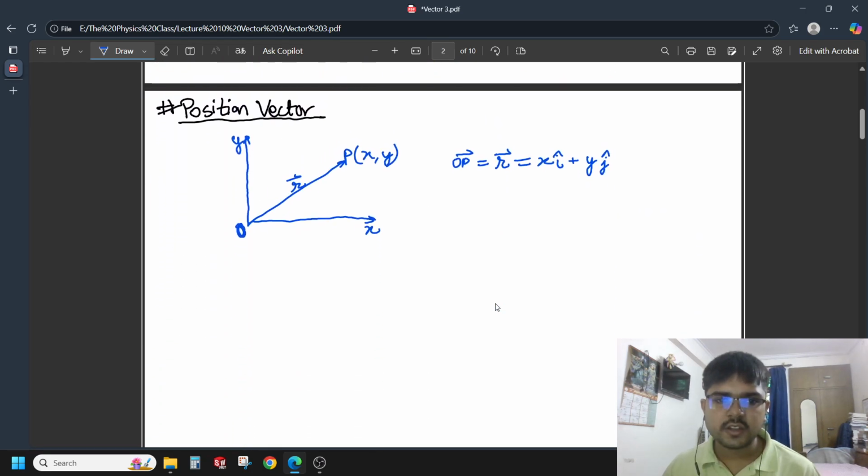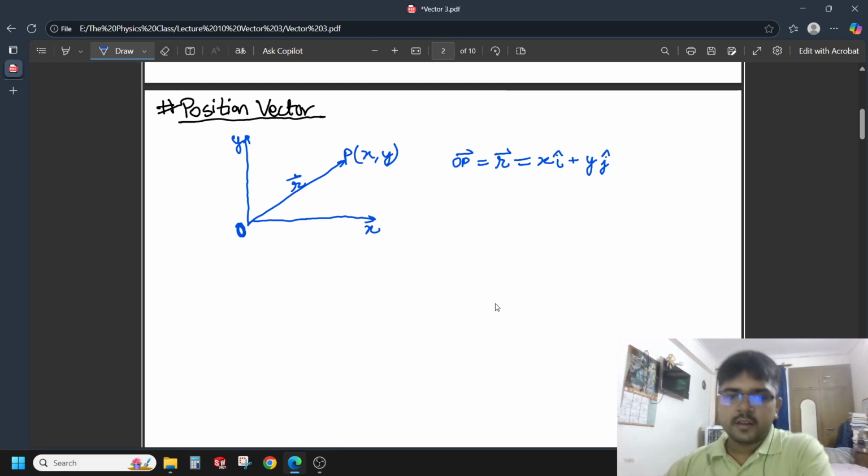Now what is a position vector? A position vector is simply a vector which shows the position of any point P. So we have a point P equal to (x, y), and the origin O is here.